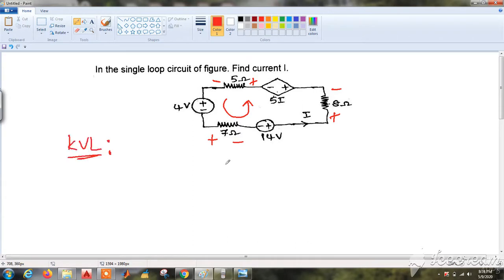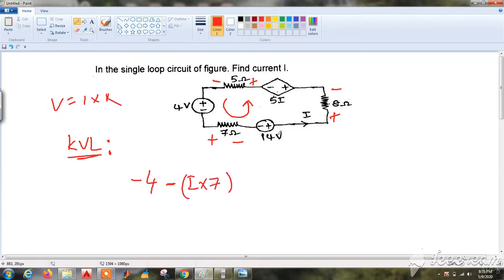KVL states that the sum of the voltages inside a closed loop is equal to 0. Let's start from 4 volts. As I am going anti-clockwise, I will take the second sign whatever is coming. Starting from 4 volts, the second sign is minus. So minus 4. Coming here, the second sign is minus. Here a resistance is present and the current is I. What is Ohm's law? V is equal to I into R. So I into 7.